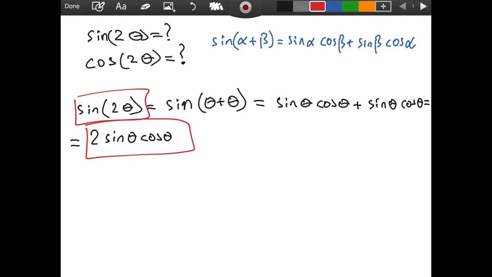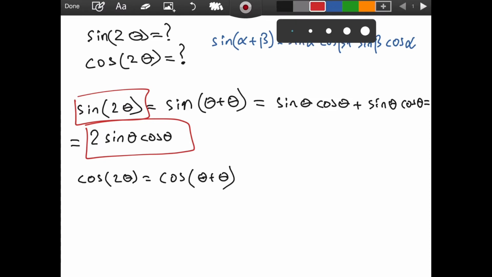Great. Now let's move on to cosine of 2 theta. We have cosine of 2 theta is equal to, again I will use the same kind of logic, cosine of theta plus theta. And the good thing is I am also able to express the cosine of the sum of two angles.